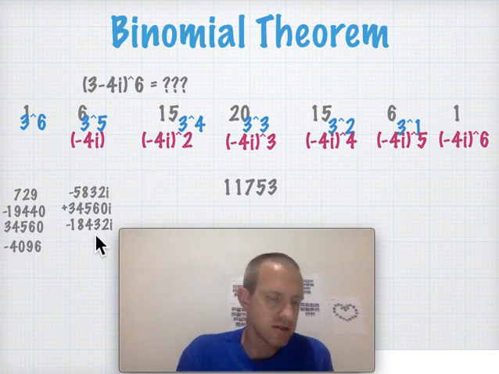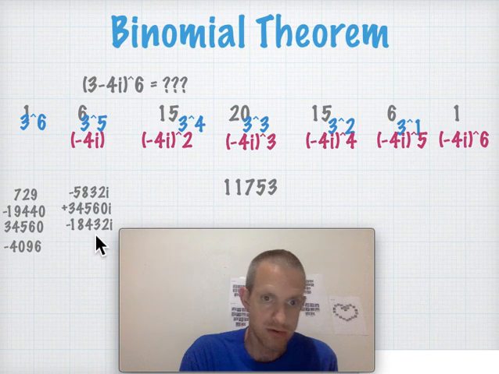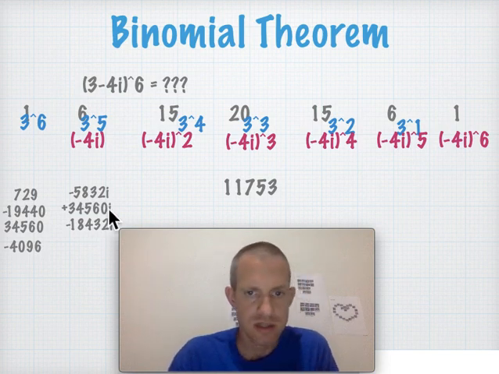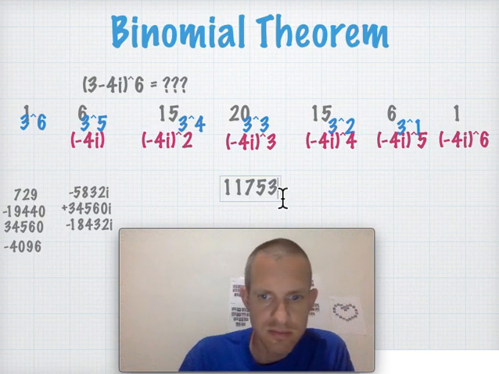And if I add those imaginary parts together, negative 5,832 and 34,560 minus 18,432, I get 10,296.